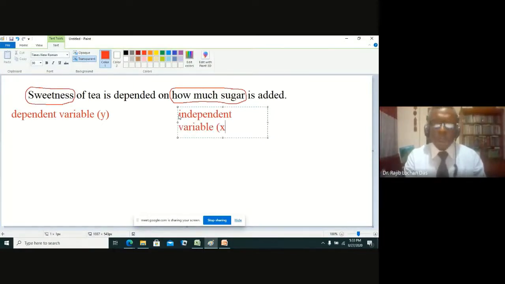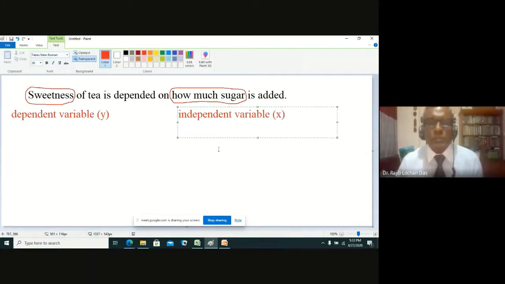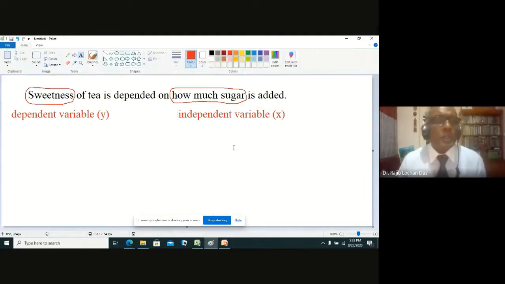Okay, these are the normal symbols we use, but it doesn't mean that every time the independent variable will be x. So in this case we can say the function is actually y equal to f(x). In this example we can also do differentiation.